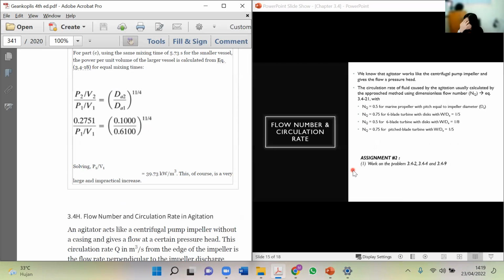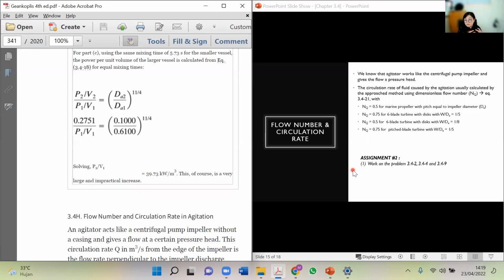Okay. Now, we know that the agitator works like a centrifugal pump impeller. If we go back to pumps and gas moving machines, we learn that centrifugal pumps have an impeller installed inside the casing, and the impeller will rotate and move the fluid inside.